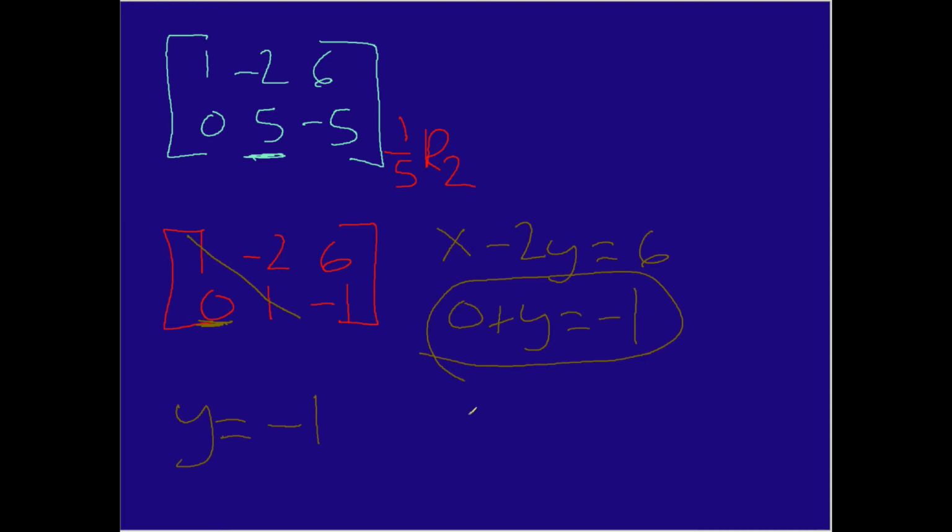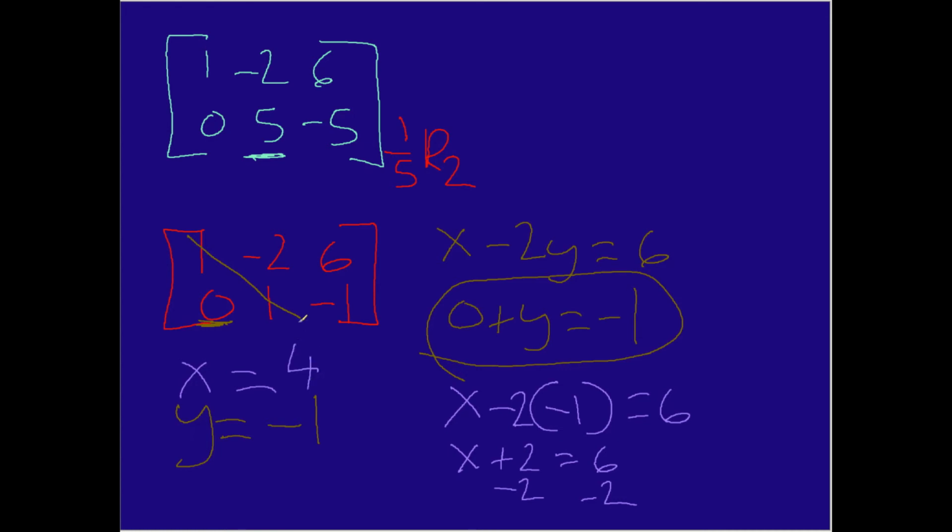Okay, so x minus 2 times negative 1 equals 6. So x minus 2 times negative 1, that's going to be x plus 2 equals 6. Minus 2, and we know that x equals 4. That's what we know. And so we are done.